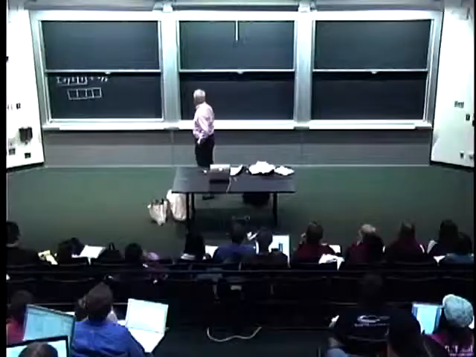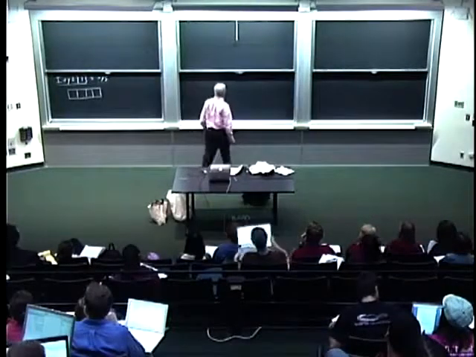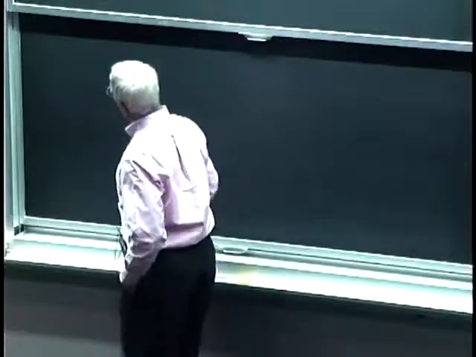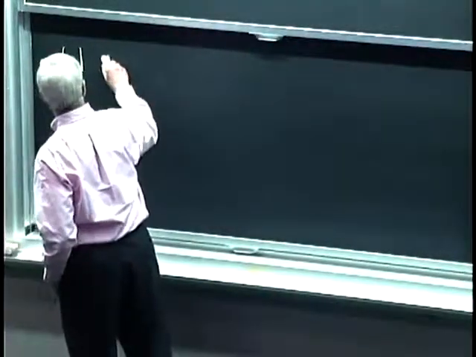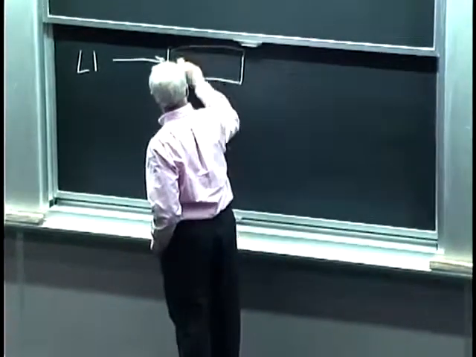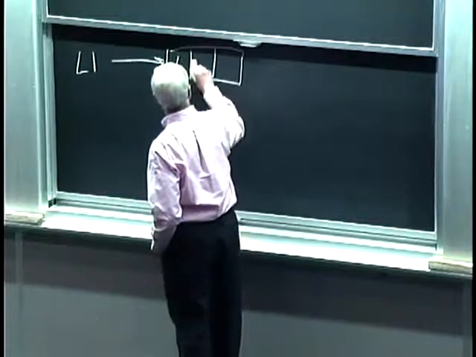And that's because what happened is I had this model, which we looked at last time, where I had the list L1, which was bound to an object.